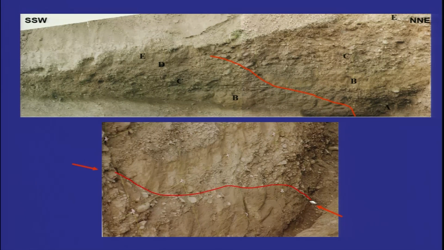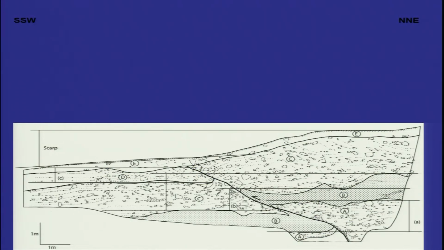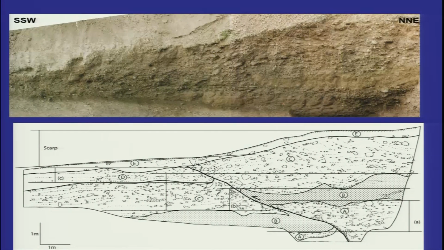So I'll just remove this line so that you can easily make out where exactly the fault goes. So this is the contact here which has been shown. Now what we observed on the other wall, before going to that, this is the sketch of this one, so you can easily compare the different units.